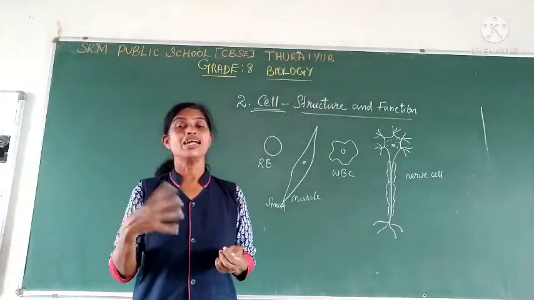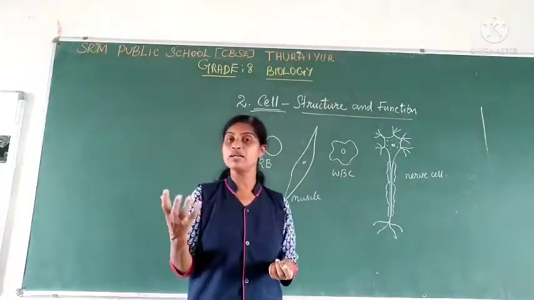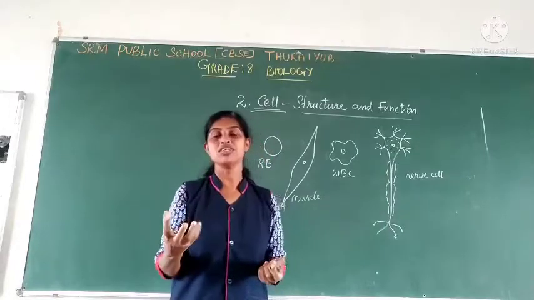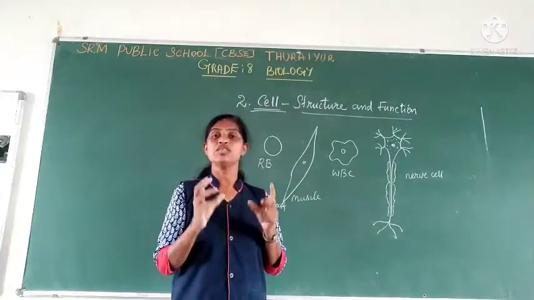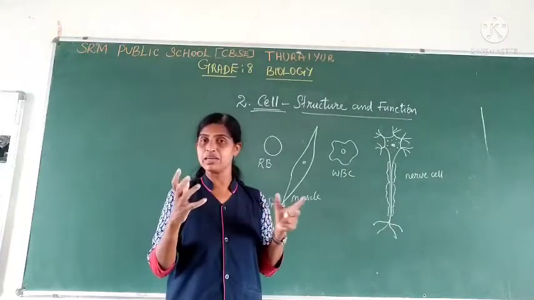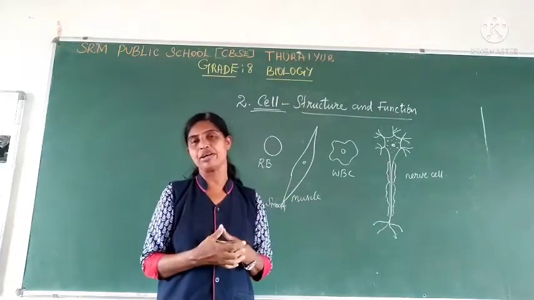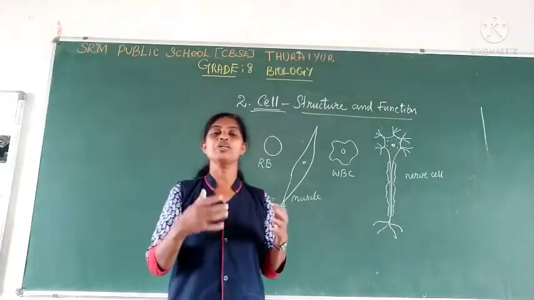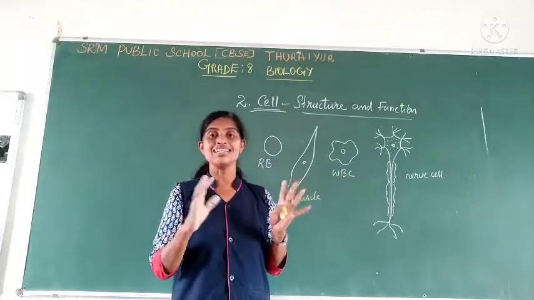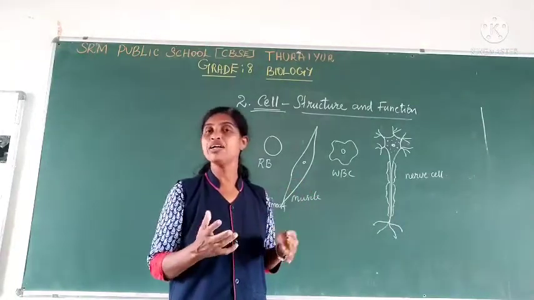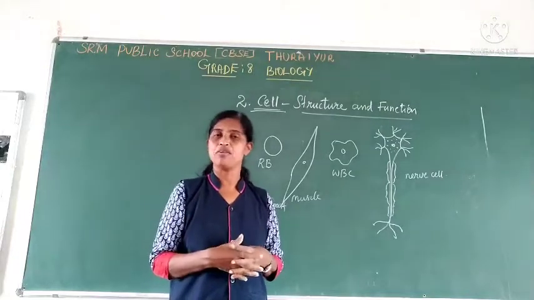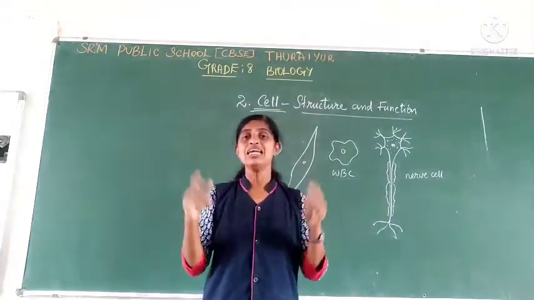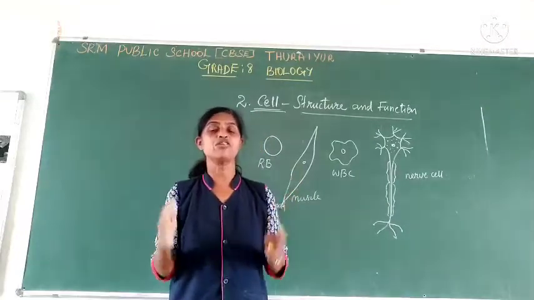Some are big, like the eggs of birds, fishes, amphibians, and reptiles. They are big so that we can see these big cells, and they are also single cells. So you can see the size and shape will differ depending on the function they perform.